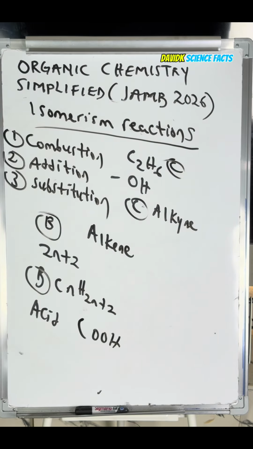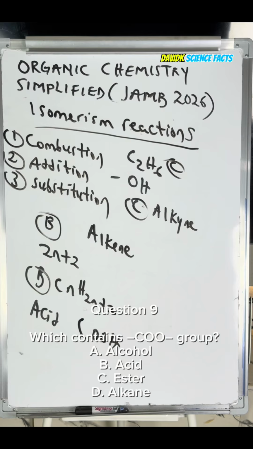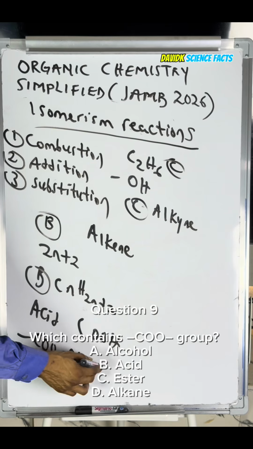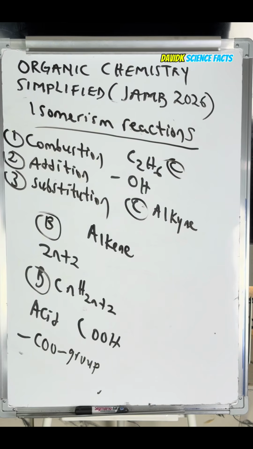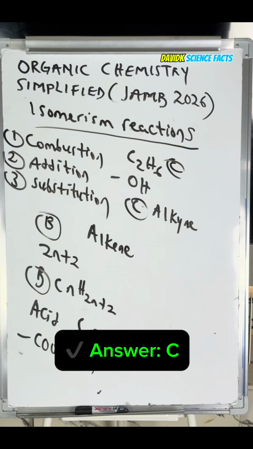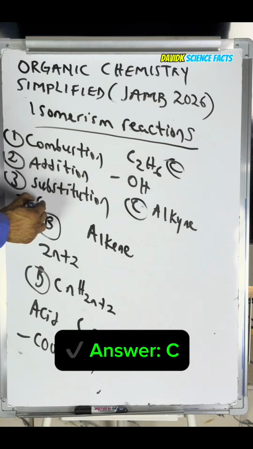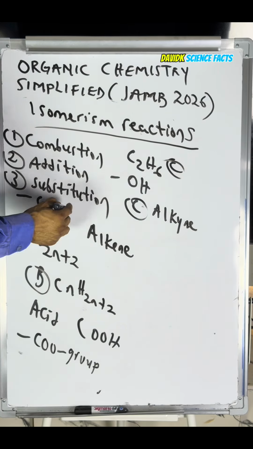Question 9. Which contains COO group? Option A alcohol, option B acid, option C ester, option D alkane. The correct option is ester. Remember, the COO group.